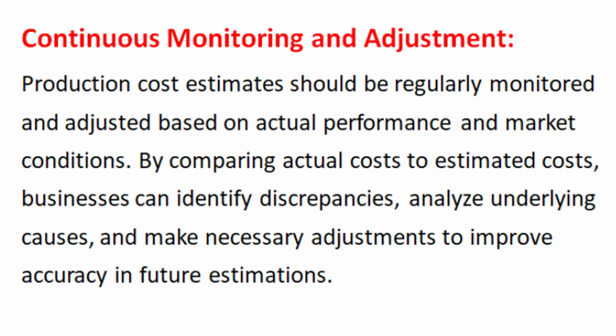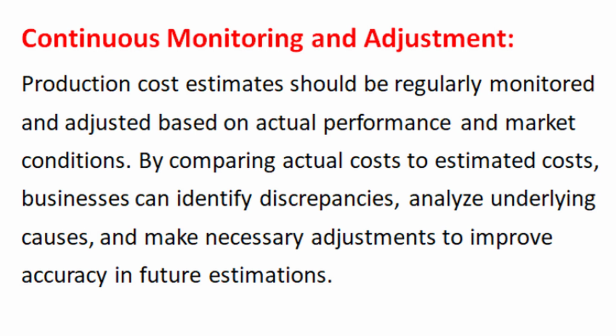Continuous monitoring and regular adjustment in production cost estimation is also very important. In our project execution during production process, production cost estimate should be regularly monitored and they should be adjusted based on the actual performance of production activity and market conditions.